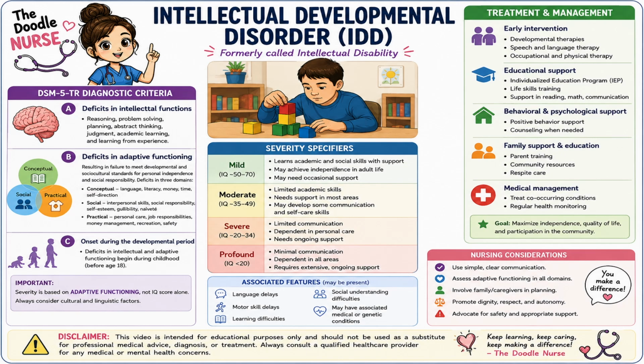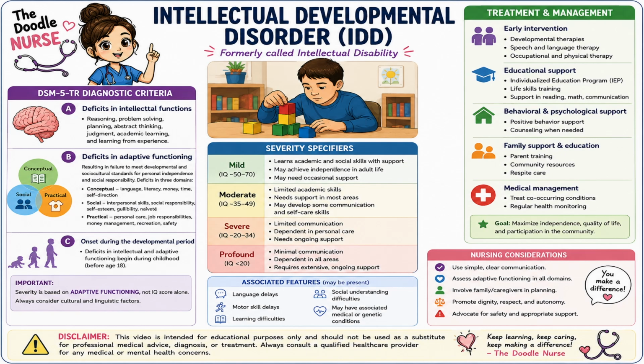This includes language skills, literacy, reading, writing, understanding money concepts, telling time, academic learning, and self-direction. For example, an individual may have difficulty managing finances, understanding schedules, following written instructions, or even learning academic material independently.